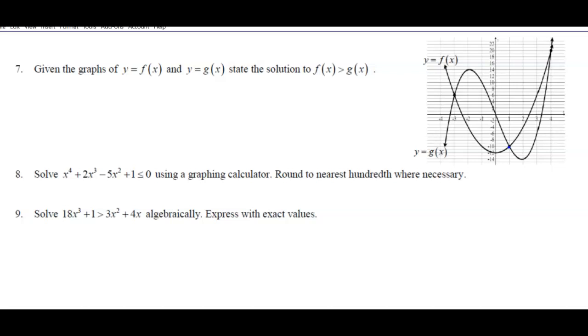And so, you want to think about for any x value, when is the y value on f higher up than the g value? Right? So here on y equals f of x, at this point here, those values are exactly the same. Okay? So we're not going to include that.